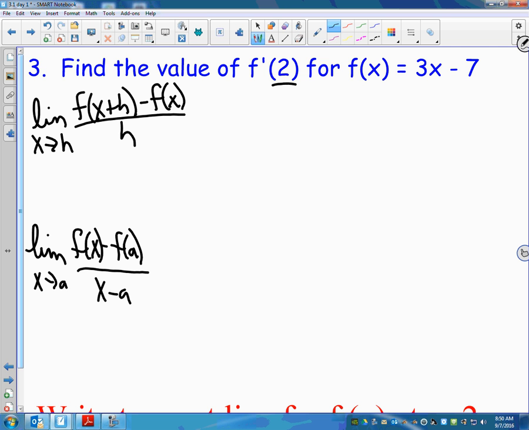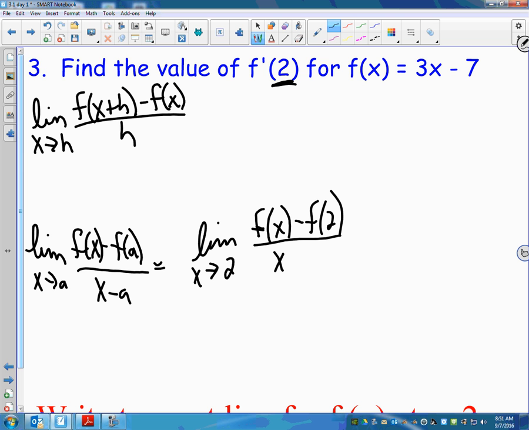So in this case, a is 2. So we could say the limit as x approaches 2 of f of x minus f of 2 all over x minus 2. And after all of our cubic stuff today, dealing with x cubed, I put x cubed, okay?